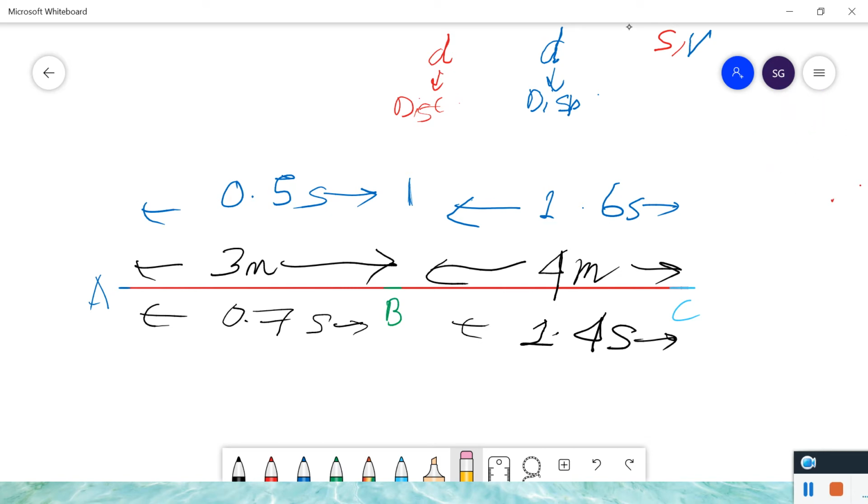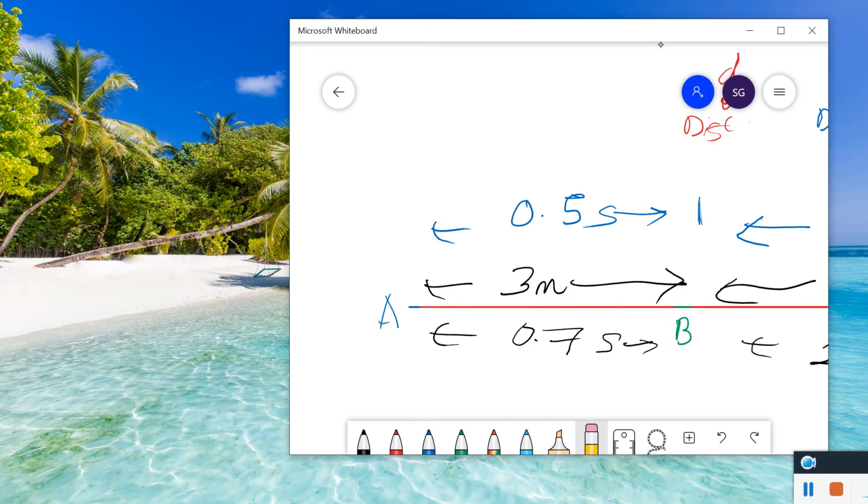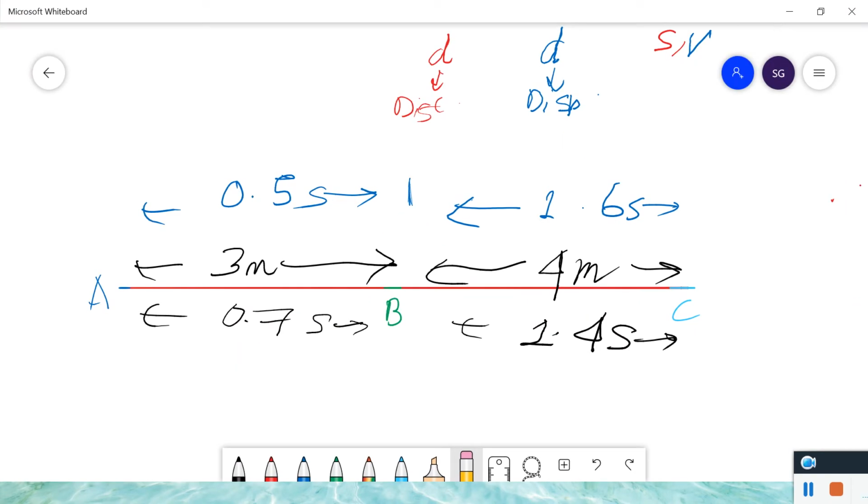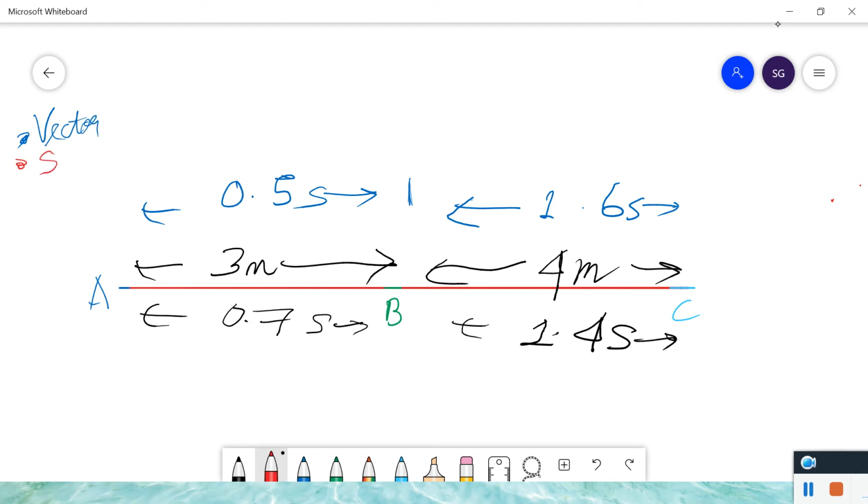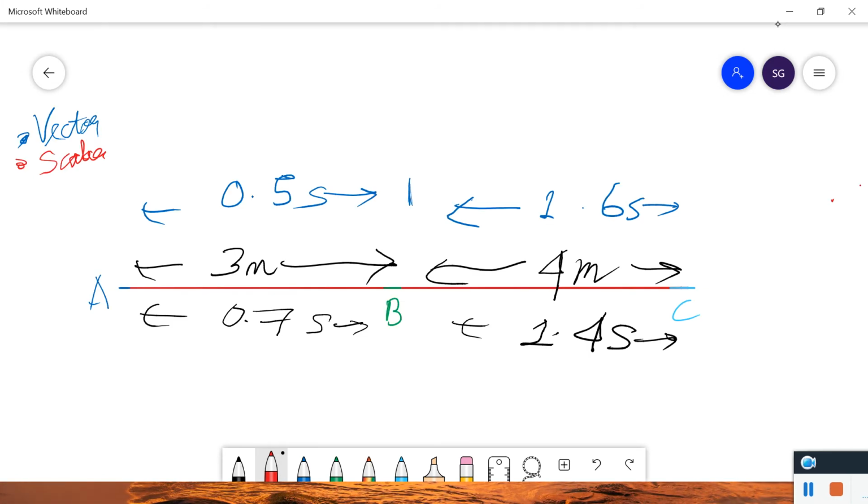Remember that the blue one stands for the vector quantity and the red one stands for the scalar quantity. So there should be no doubt in notation, I guess. Now let's start. A to B, distance is equal to displacement is equal to 3 meter.